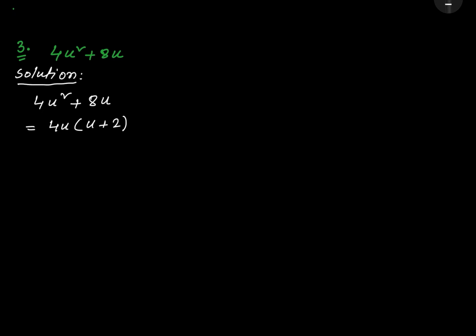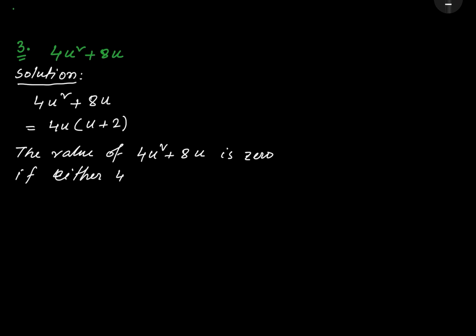Right, again the value of 4u square plus 8u is 0 if either 4u equals 0 or u plus 2 equals 0.